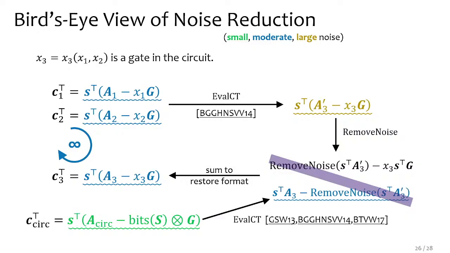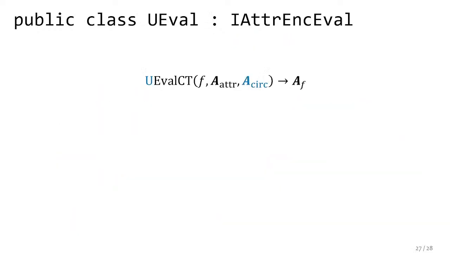Okay, so if we go one more level up, it's a very good abstraction. This abstraction is actually used in the follow-up works. Oops, sorry, this should be u eval pk.